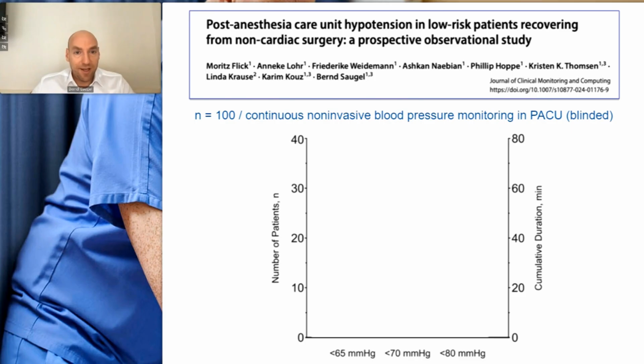We looked at blood pressure in low-risk patients who were recovering from non-cardiac surgery in our post-anesthesia care unit. So the post-anesthesia care unit is the place where the patients stay for the first 1 or maximum 2 hours after surgery. And we measured blood pressure in a blinded way and a non-invasive way in the post-anesthesia care unit.